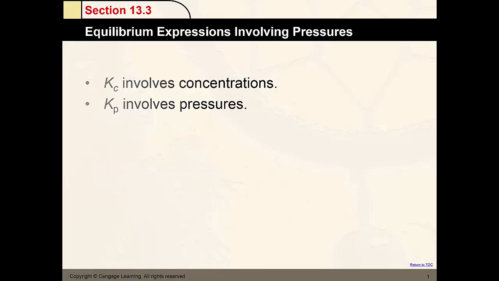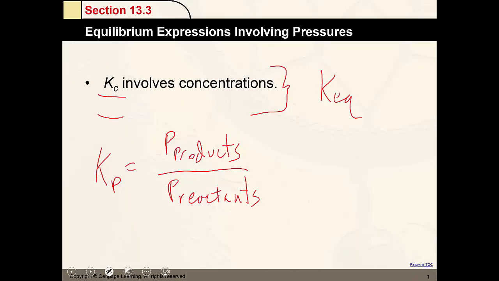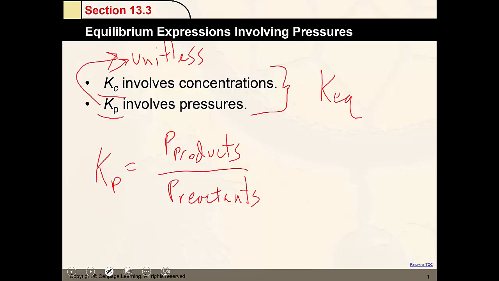Last thing, much like Kc was unitless, even though each individual concentration is measured in molarity, moles over liters. Same with Kp, even though most of those pressures will be represented by atmospheres or torrs or millimeters of mercury, still this equilibrium expression, Kp, for pressures is unitless.